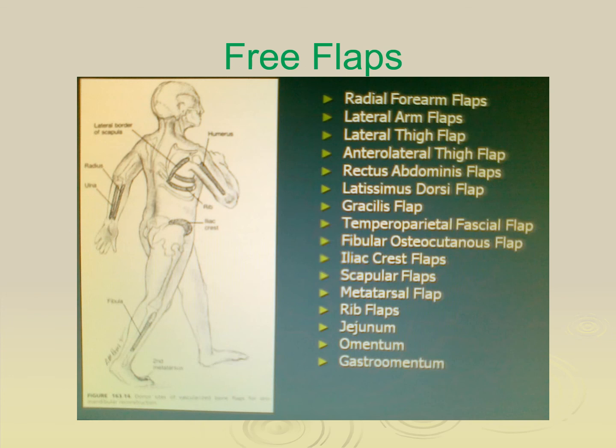The free flaps we take from the radial forearm. I already mentioned that. We will take it out and then anastomose it. It is called microvascular surgery. We take the whole cavity and most of the artery and the facial vein.